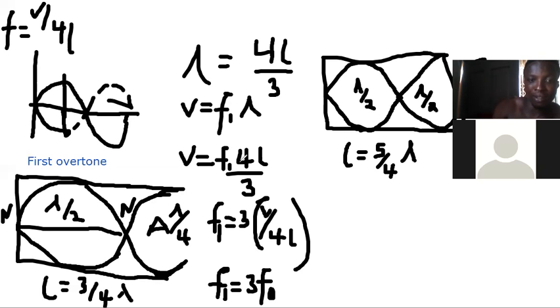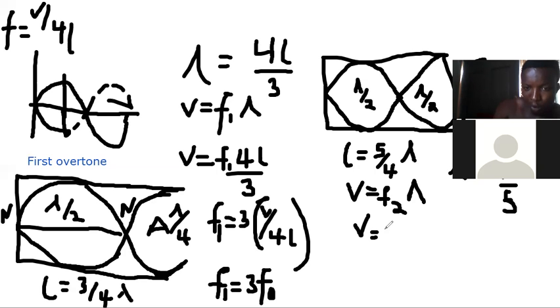And you can put that into the first equation. Because the second one, we are going to make it F2. Now you know that this is equal to 4L all over 5. So we can put this one here and get F2 equals 4L all over 5.